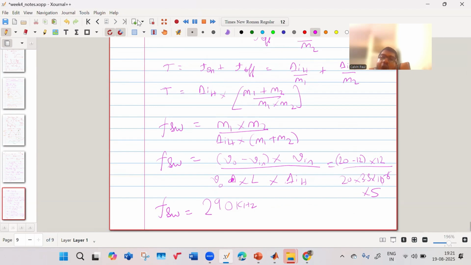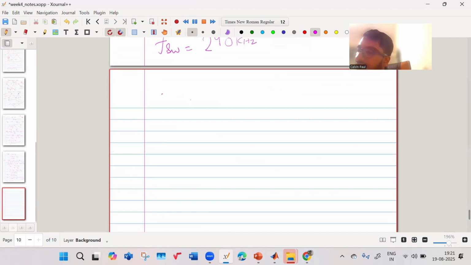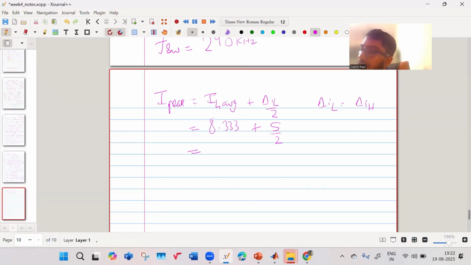Yes. So your peak is equal to your IL average plus your delta IL by 2. Your IL average is what you had calculated earlier, 8.333. Delta IL is 5, so 5 by 2. This is the value which you have to get, because your delta IL is equal to delta IH, and we have considered the same condition.